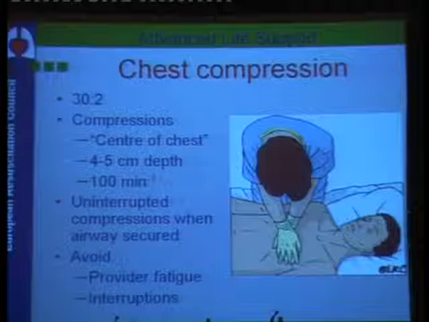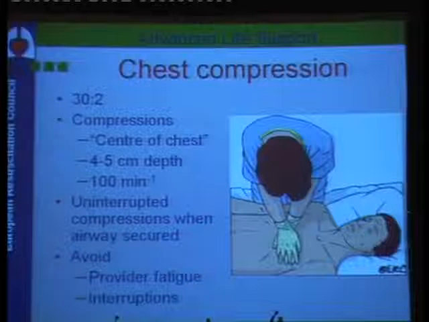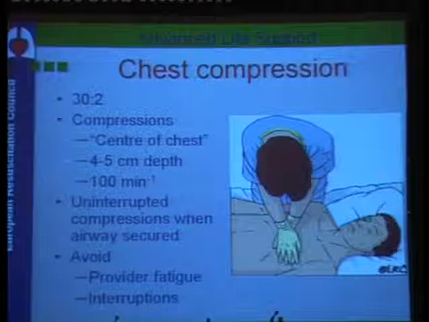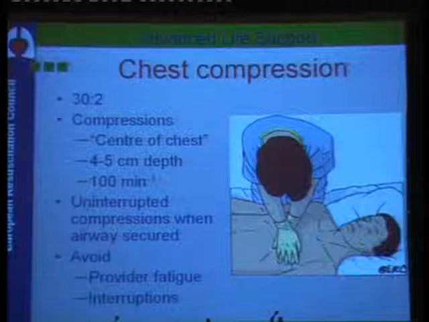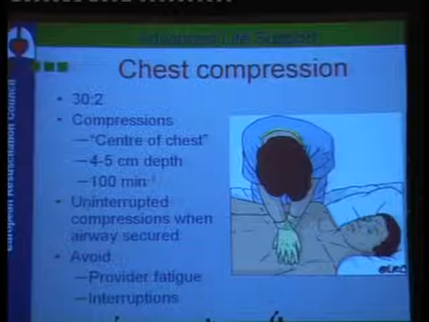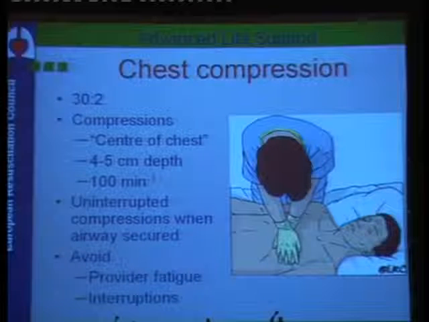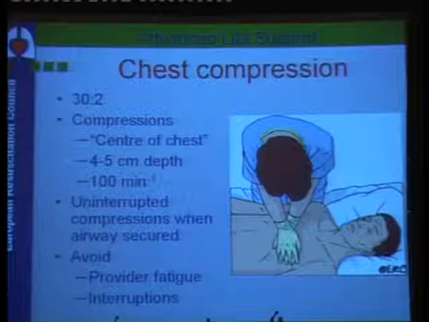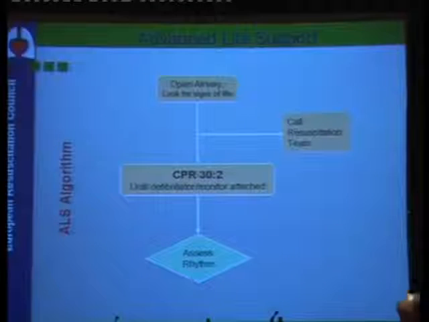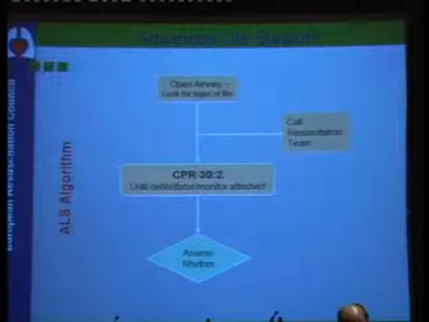You will all be shown how to do proper compressions. The rate should be 100 per minute, and it should depress the sternum about 4 to 5 centimeters. That's a subjective judgment, and you will do it in an alternate manner, 30:2. Please remember that you will get tired very quickly, so you need to have backup.